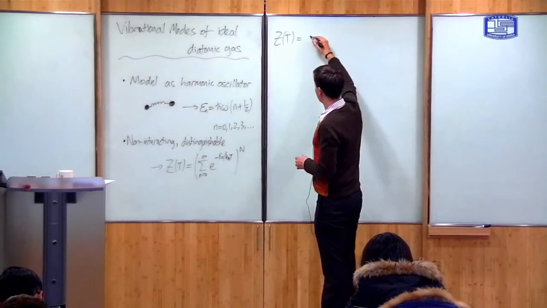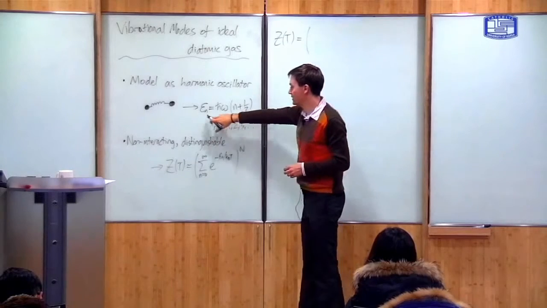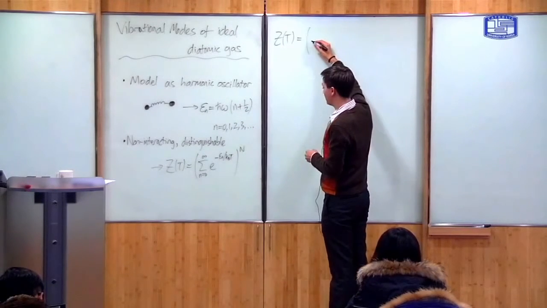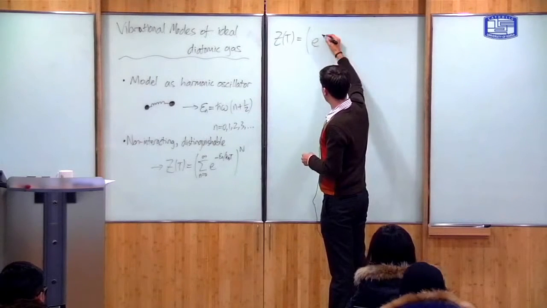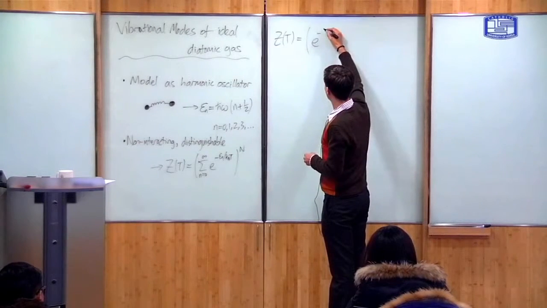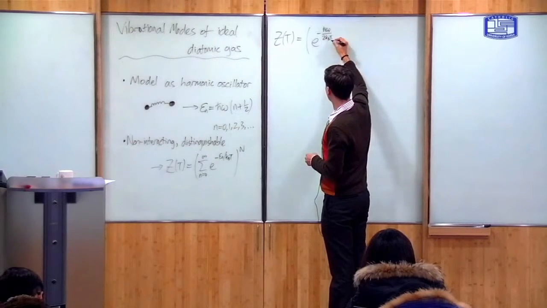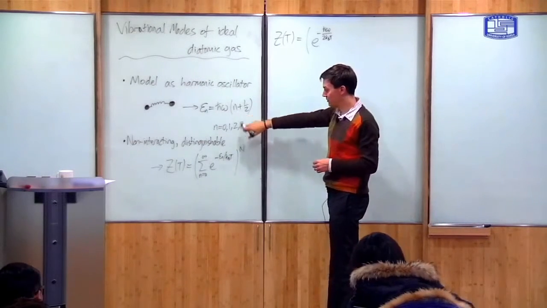Z of T is, so epsilon n is this. I can take the factor of a half outside. So this gives me e to the minus h bar omega over 2 kBT. That's taking the factor of a half.